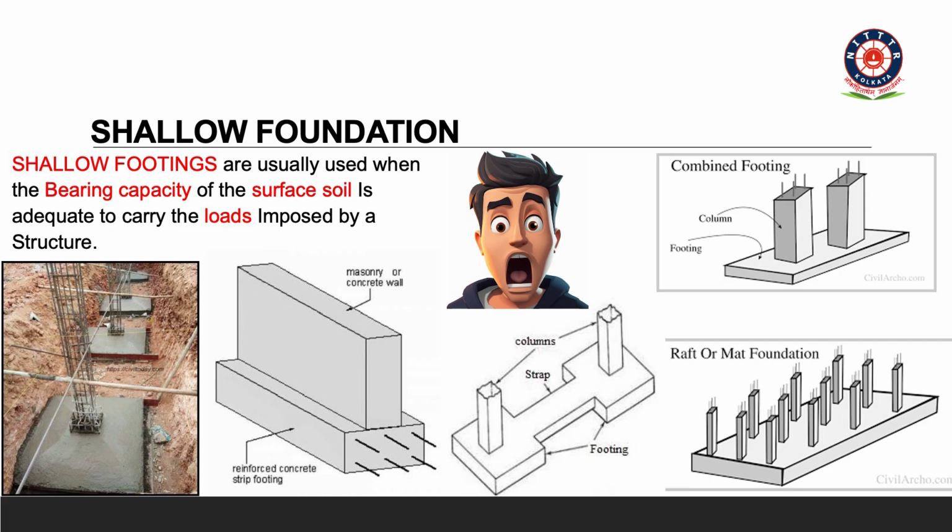Shallow foundation is usually used when the bearing capacity of the surface soil is adequate to carry the load imposed by the structure. It means that the soil can take the structural load at shallow depth. You can see this is the isolated footing, this is the strip footing, this is the combined footing. This is the strap footing, with two columns and a beam, and this is the raft foundation, or you can call it a mat foundation.